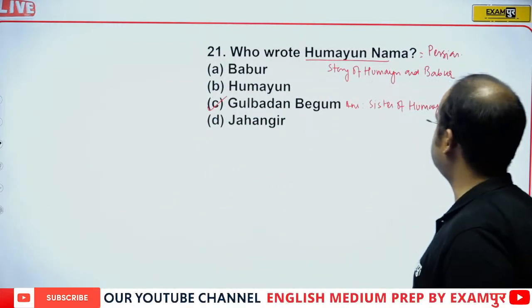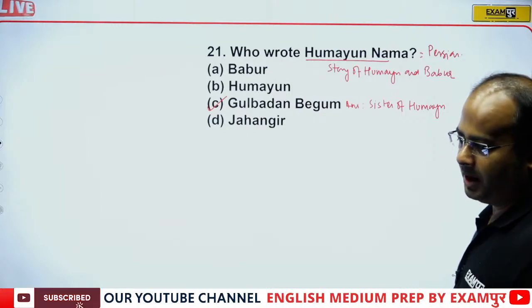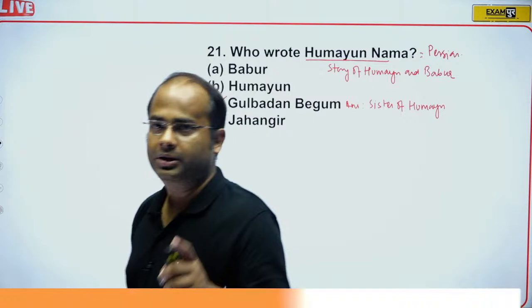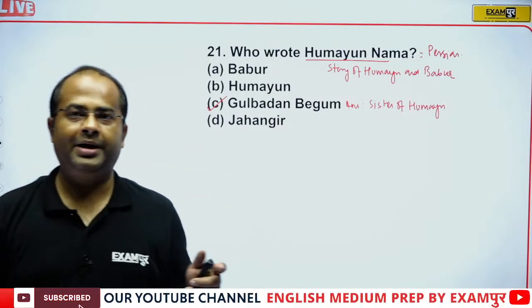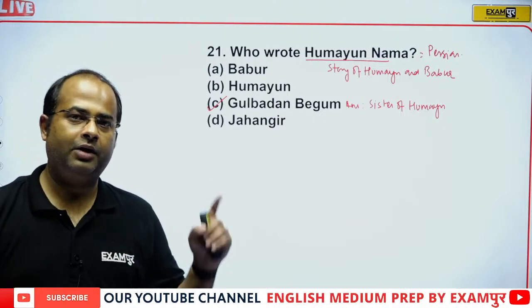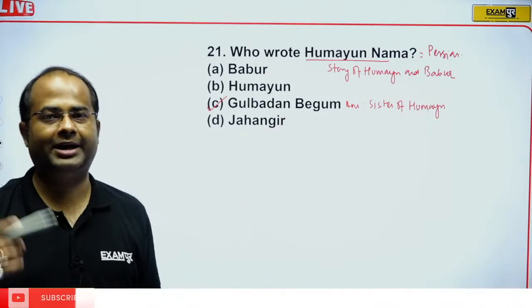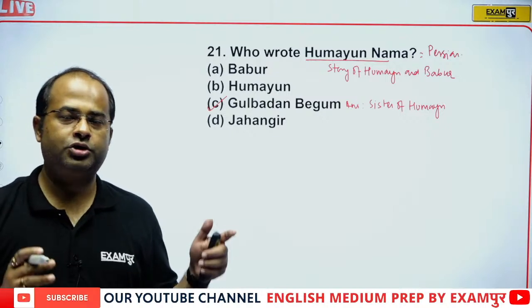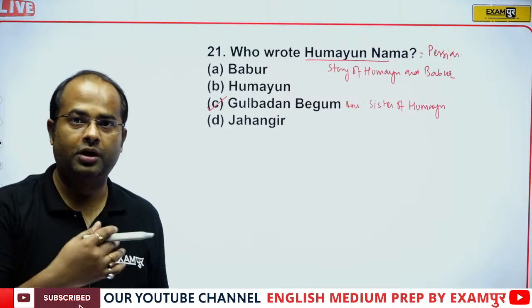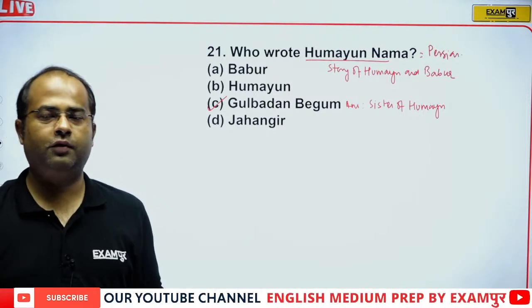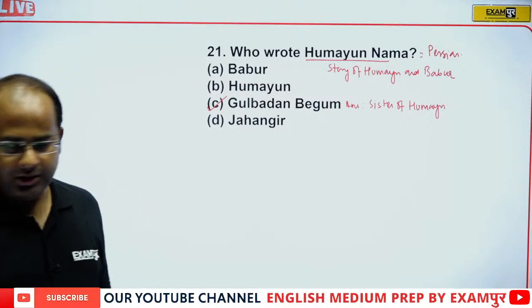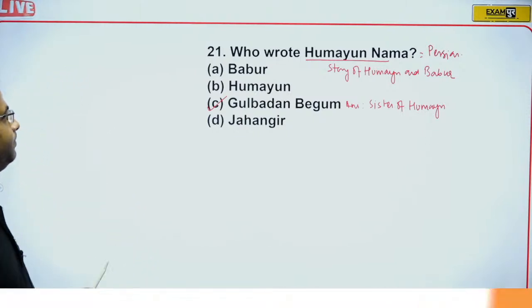And this Humayun Nama contains the story not only of Humayun, but also of Babur. It is said that she was only 9 years old when her father Babur died. So she wrote the story of Babur and also of Humayun on the recommendation of Akbar. Therefore, the correct answer will be option C.